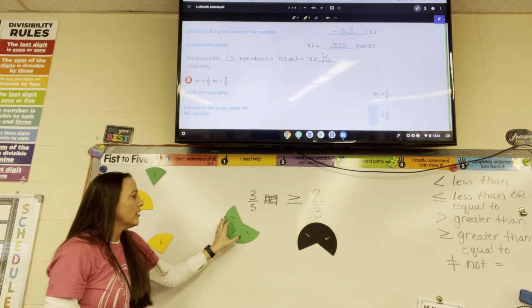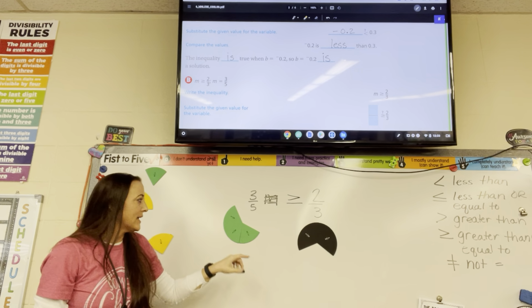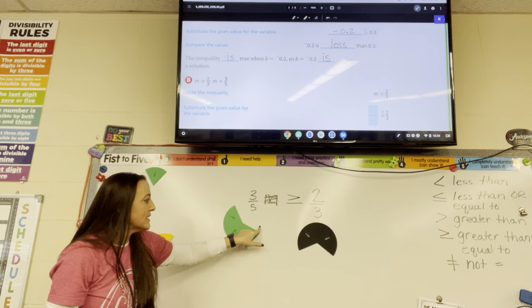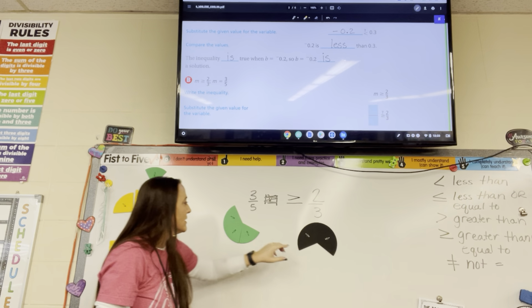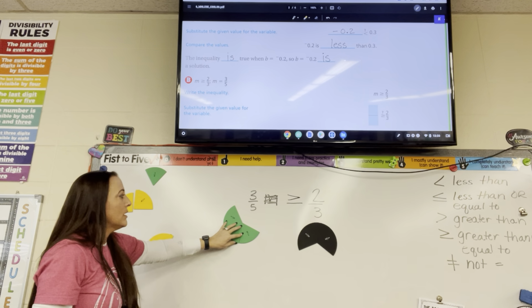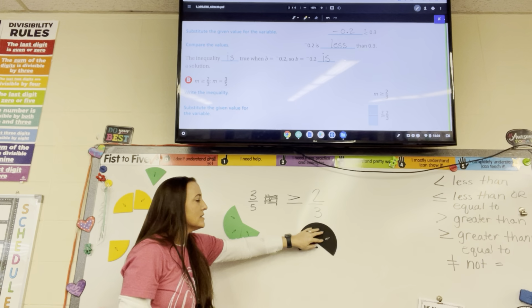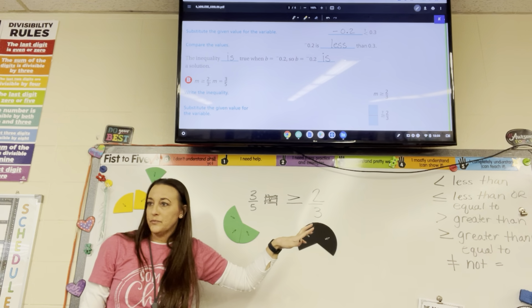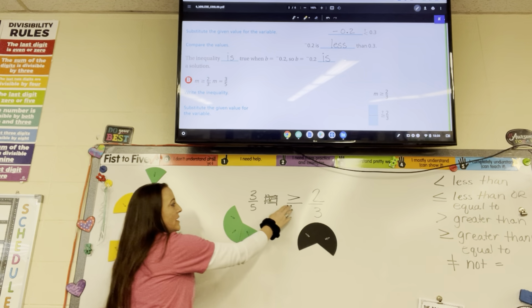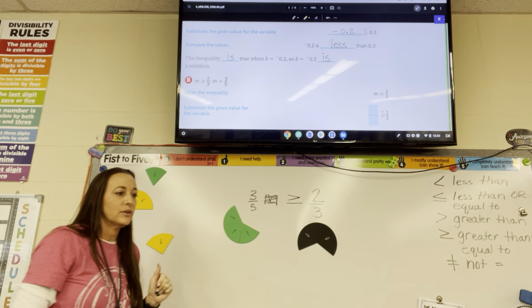Sometimes it's hard to tell, but if you look at the amount that's missing, this amount that's missing is bigger than this amount that's missing. So this would be a smaller fraction than this. So this would not be true, correct? Because 3/5 is not bigger than 2/3.